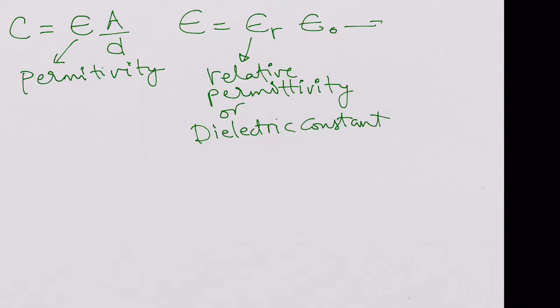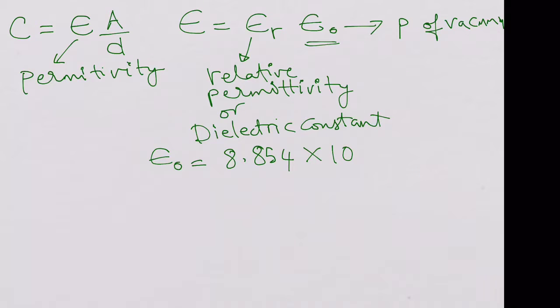And epsilon naught is the permittivity of vacuum, which is a constant, and if you look at physics textbooks, you'll see that epsilon naught is 8.854 multiplied by 10 power minus 12 farads per meter.